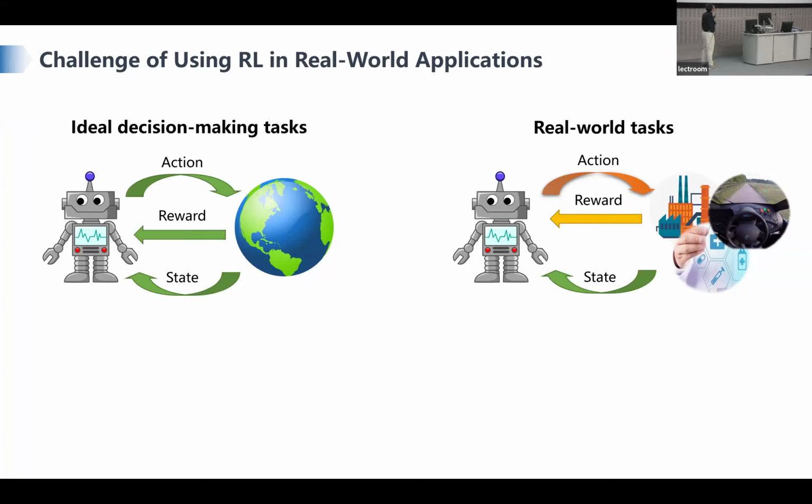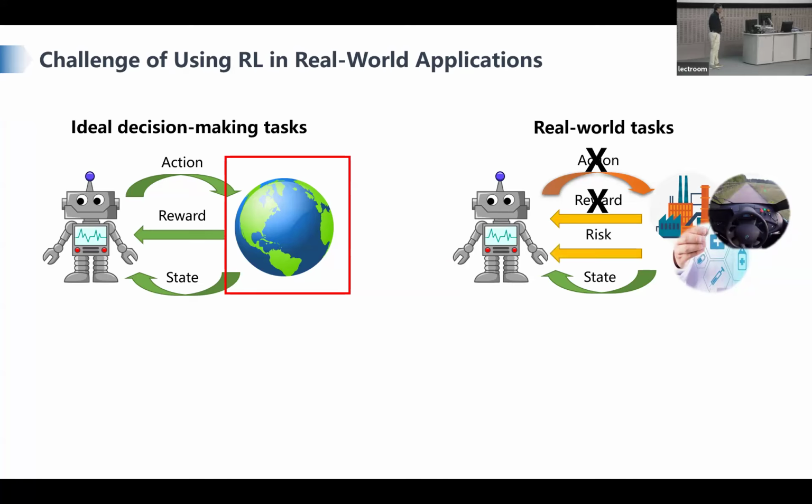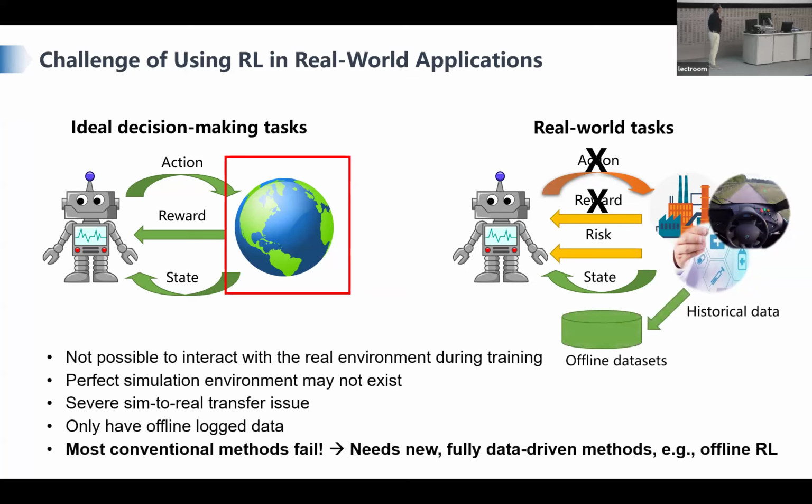But in the real-world case, firstly, for many mission-critical systems, we do not have this kind of simulation, or you cannot even build a simulator accurate enough to get a transferable policy. Also, it is not possible to directly interact with the system during training. Sometimes even designing the reward is very challenging because the task you're optimizing can be complex, and you not only need to optimize the reward, you also need to satisfy constraints. That makes deploying RL for control, as well as other tasks, very challenging.